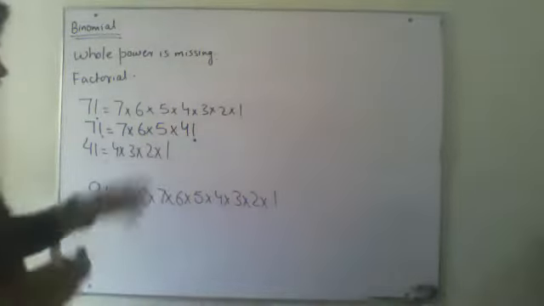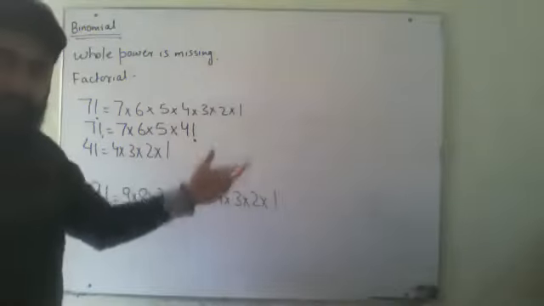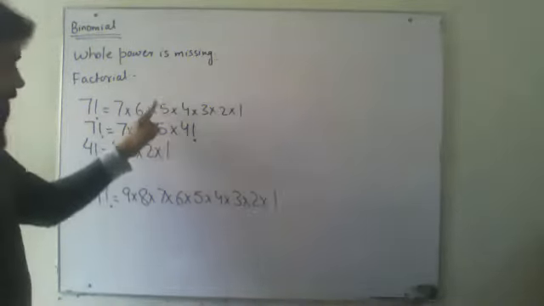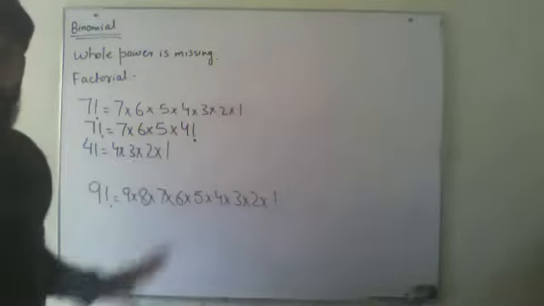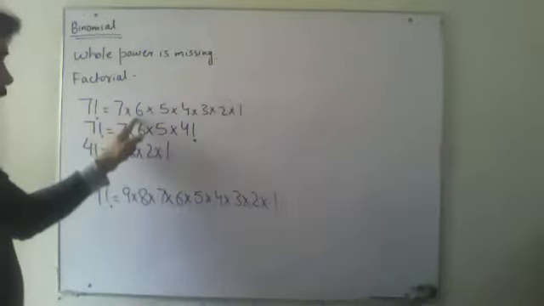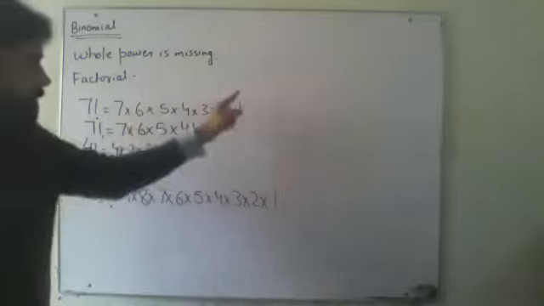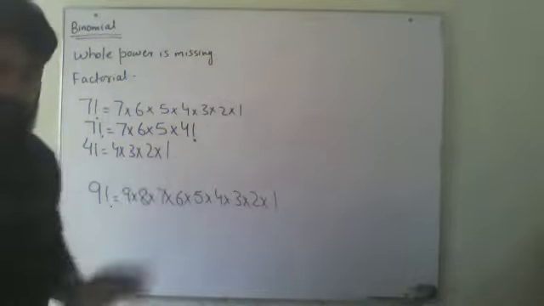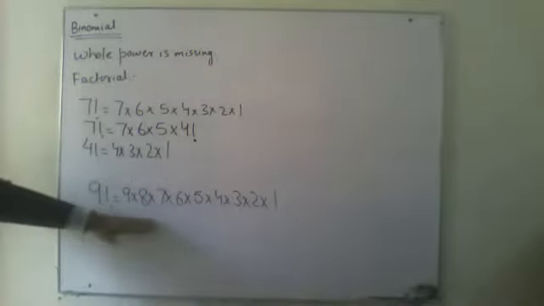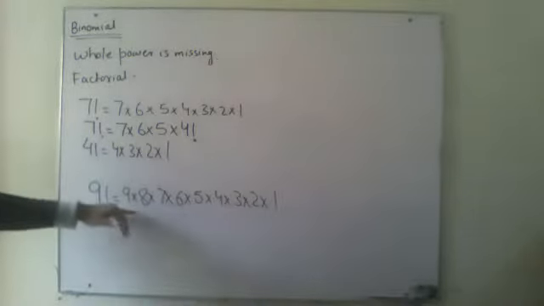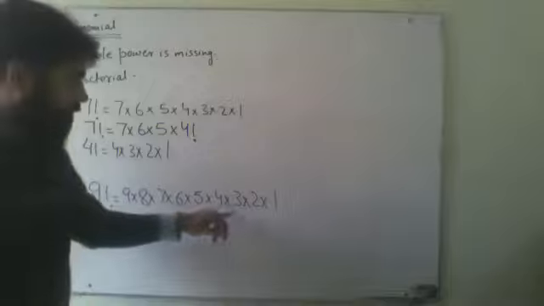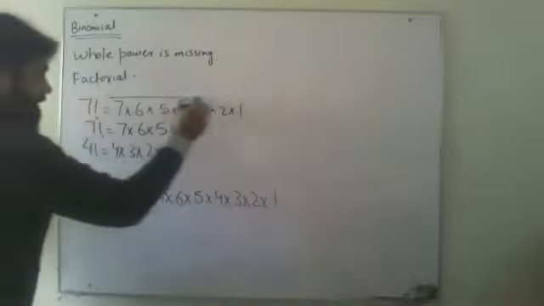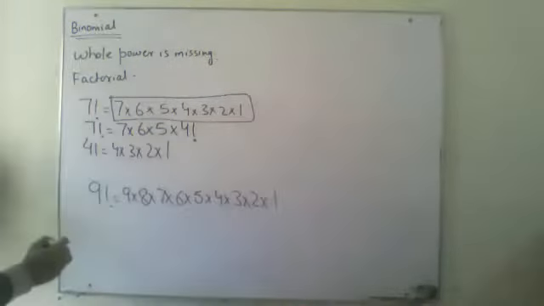At any point, I can convert anything into factorial. I could have taken it from here 5, 4, 3, 2, 1, 5 factorial. I could have taken 7 into 6, 5, 4, 3, 2, 1 and written it as 7 into 6 factorial. In the same way, 9 factorial equals 9, 8, 7, 6, 5, 4, 3, 2, 1, and 7 factorial is equal to this part.